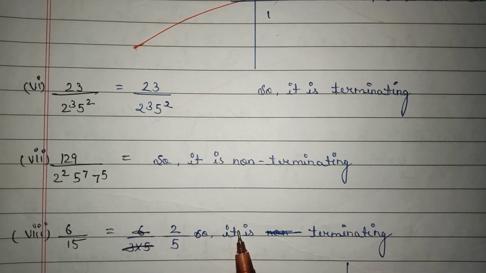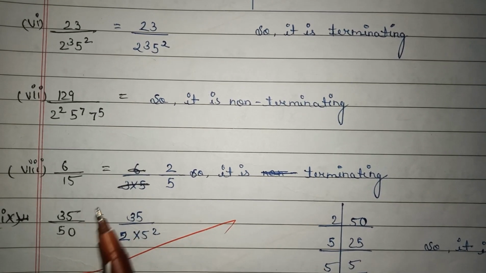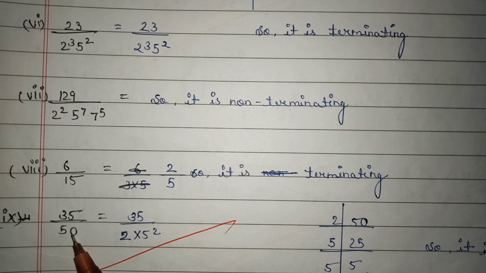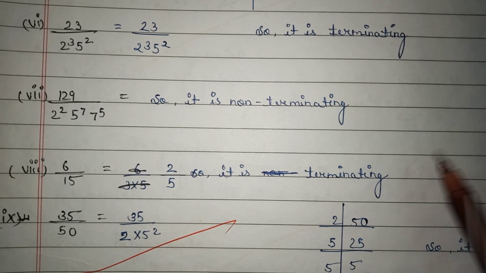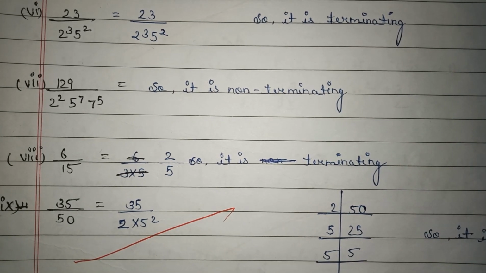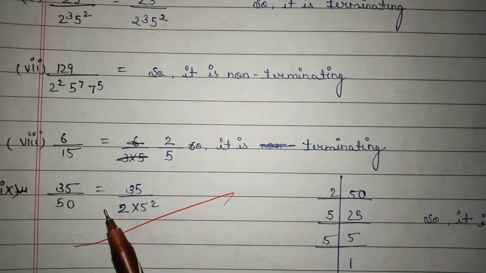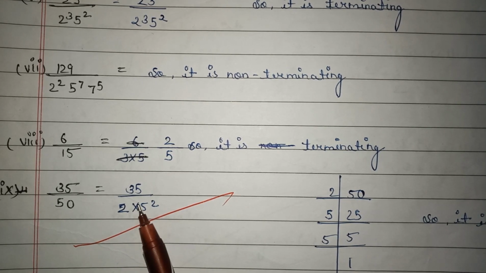So it is a terminating one. Now moving to the ninth part, that is 35 upon 50. We can solve this again. Finding the factors of 50, we get 2 into 5 raised to the power 2. Here is its prime factorization. Again, in this we have only 2 and 5, so it will be a terminating one.